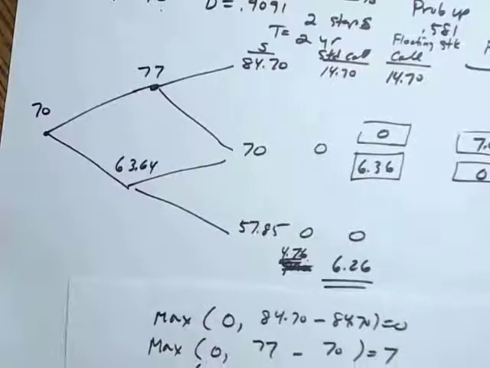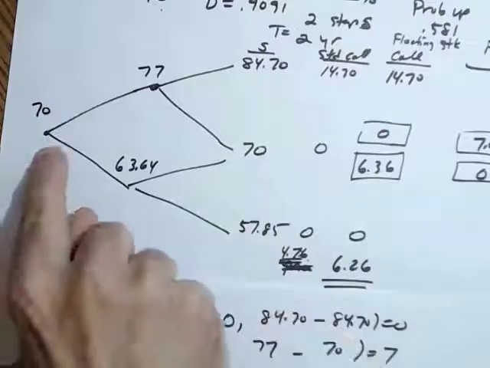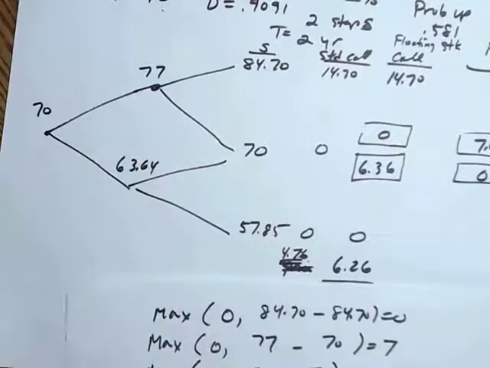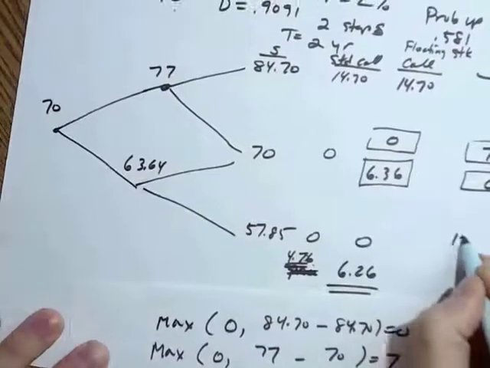And now let's look at the last payoff. The stock price at the maximum of this down path is 70. Where did it end up? $57.85. So that's a $12.15 payoff.